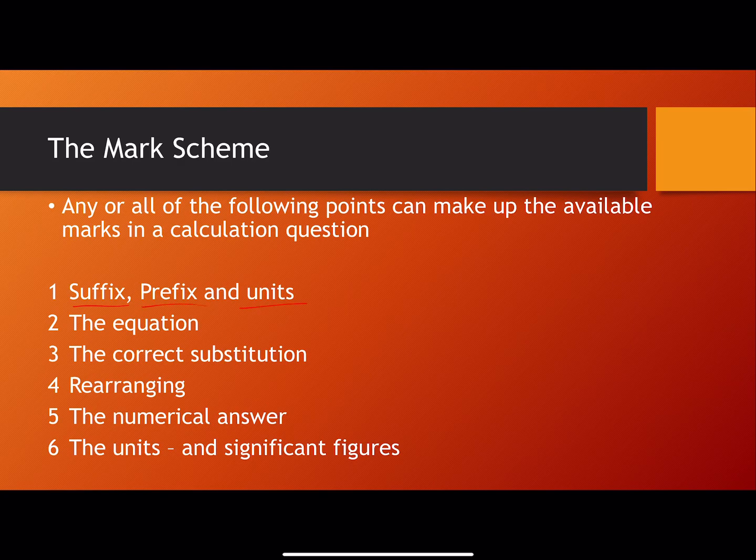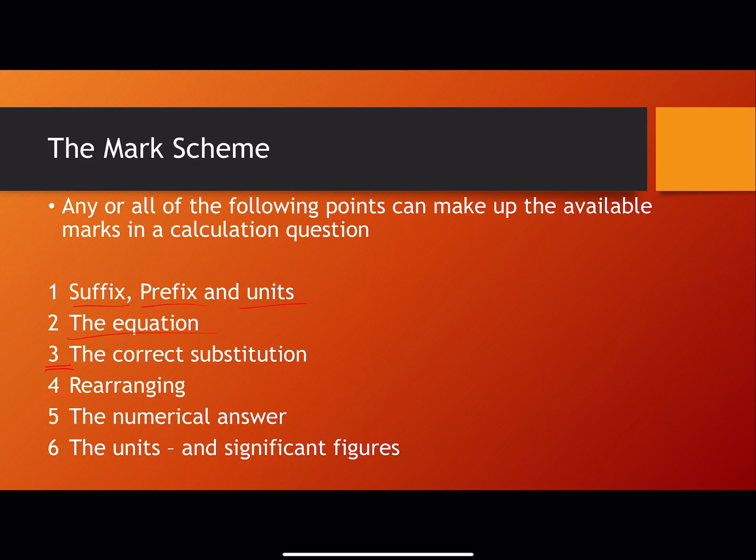format for the equation. You need to know the equation, and you could get a mark for writing down the equation. It's important to note, if you write down the triangle, that's not an equation, so you don't get marks for that. You then have to substitute the numbers in the correct place. That is quite often a mark on a GCSE paper, and it's probably one of the easiest marks available if you remember to put it in there.